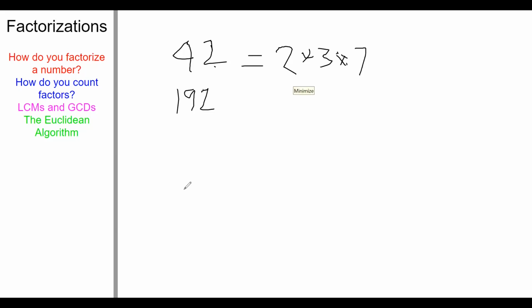Right, we make observations about the number, which we'll get into a little bit later in the divisibility portion. But essentially, the easiest thing to do is see that it's an even number. So we can just divide by 2. And this is equal to 96.